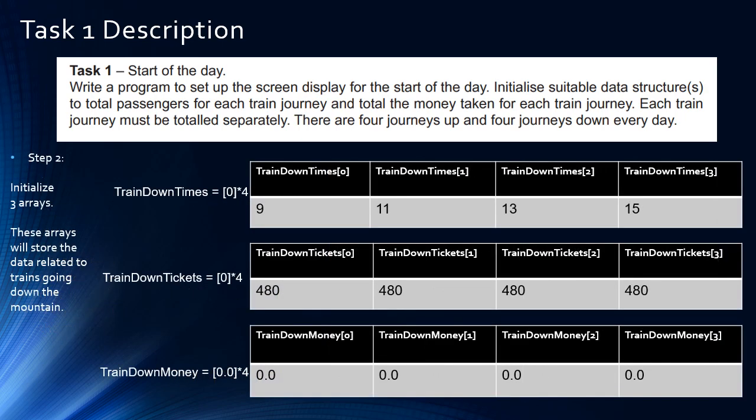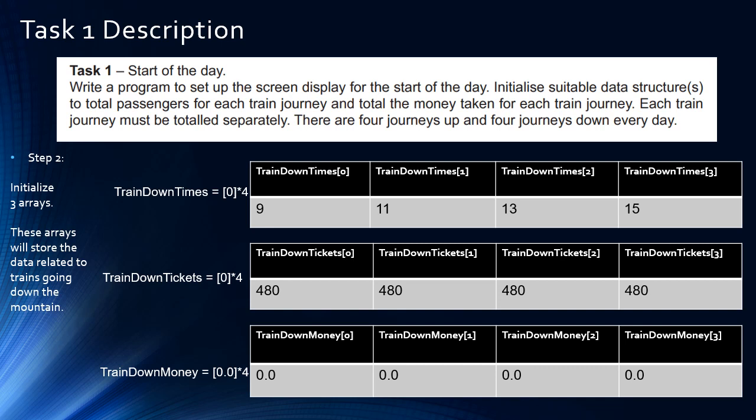Now we'll have 3 more arrays that will store the data for the trains going down the mountain. We'll have an array called train down times, and it will hold the 4 values, 10, 12, 14 o'clock, 16 o'clock. Another array, train down tickets, holds the number of tickets available, 480, 480, 480, and 640.